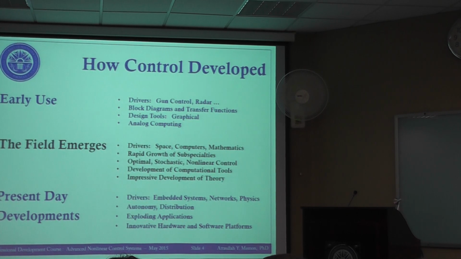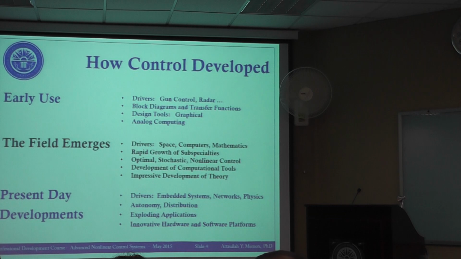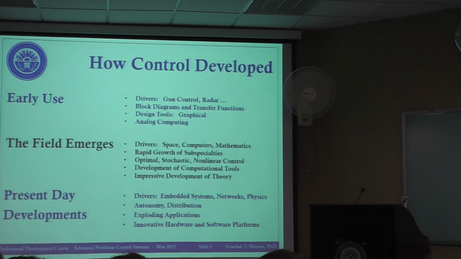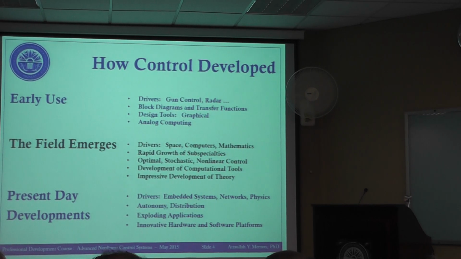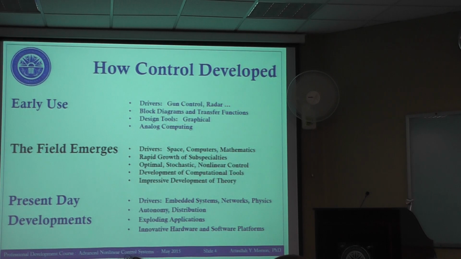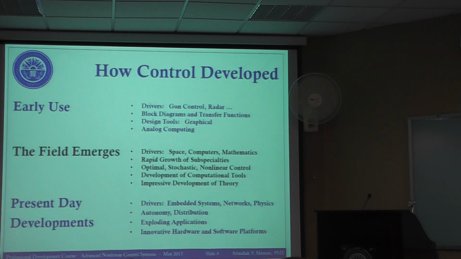Kalman filters and other things, and the moon landing was made possible. So there was a rapid growth of subspecialties as well. In these times, optimal control and other subspecialties of control systems emerged, and nonlinear systems theory also evolved back then.